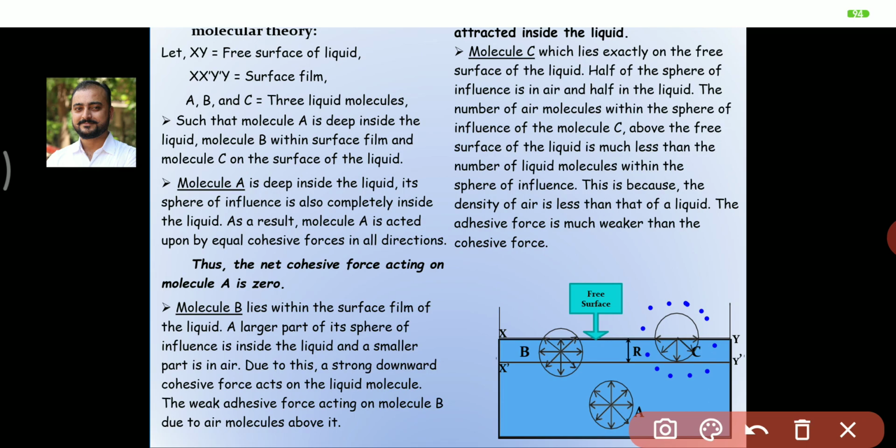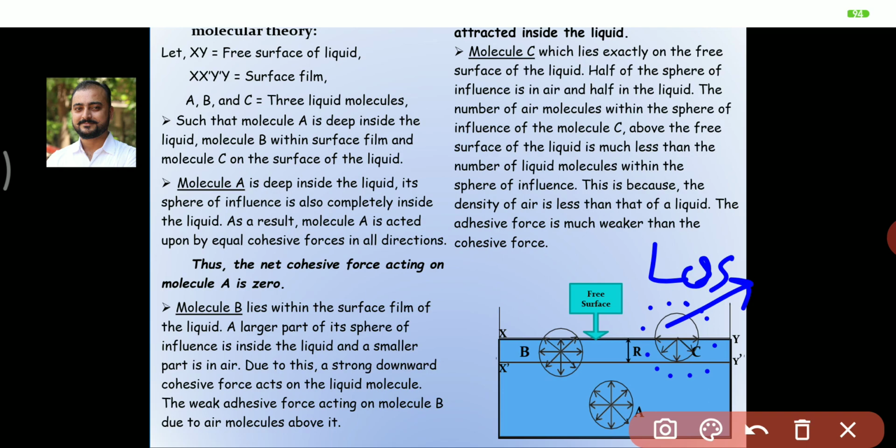So what happens in this case? These air molecules have a lower density as compared to the liquid molecules. In short, the number of air molecules is less as compared to the number of liquid molecules. And we also know that the adhesive force is weaker as compared to the cohesive force.